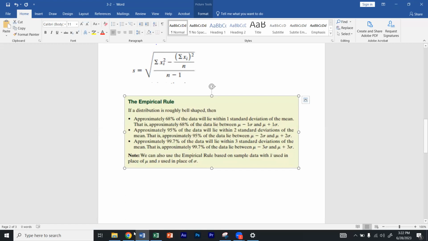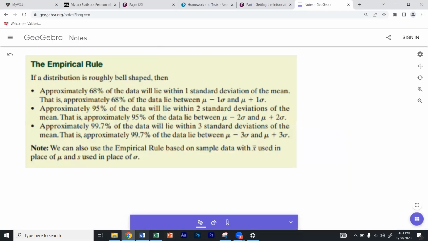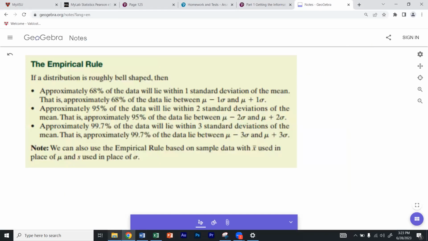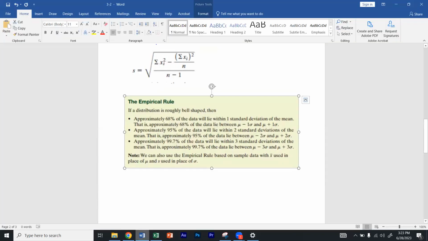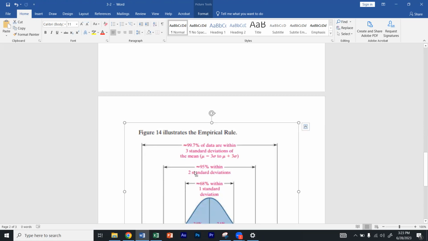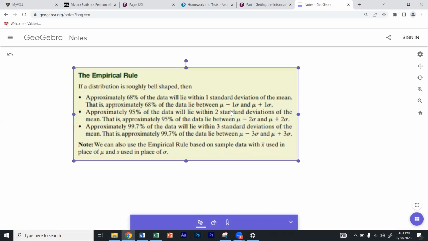It's called the empirical rule. Okay, guys.